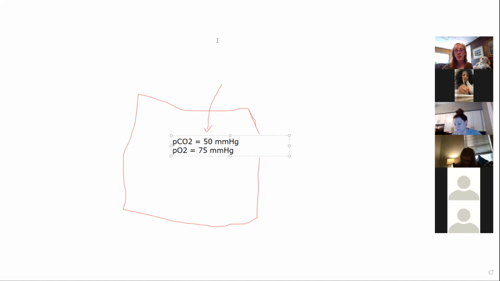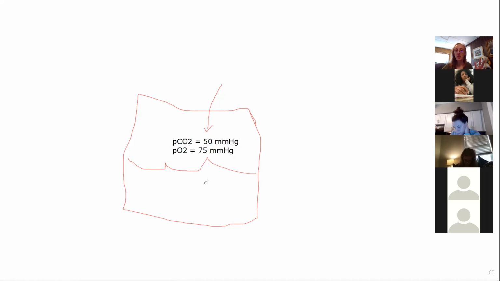So I introduce them both in, and just like everything else that we talk about, each of these gases is going to move down according to its concentration gradient. So initially within the water, the partial pressure is 0 for both of them.